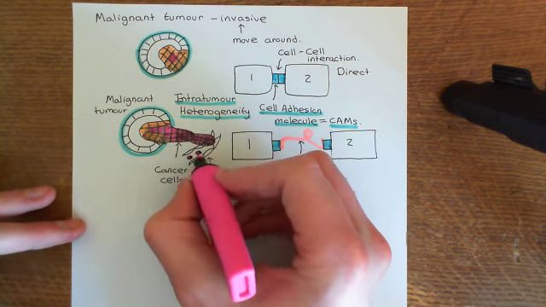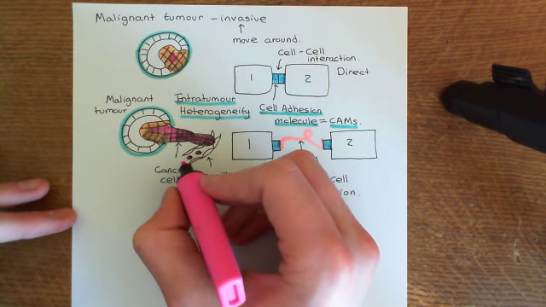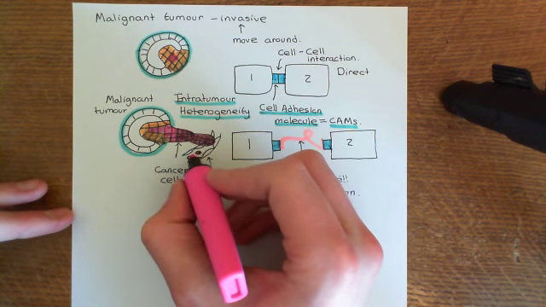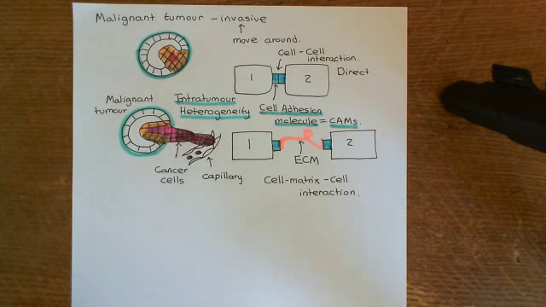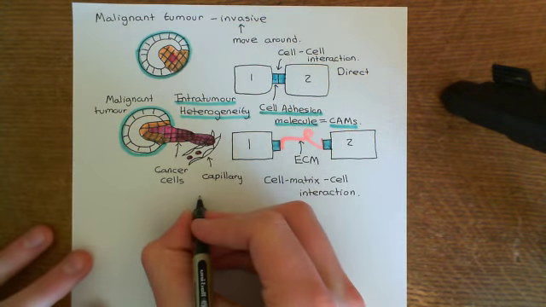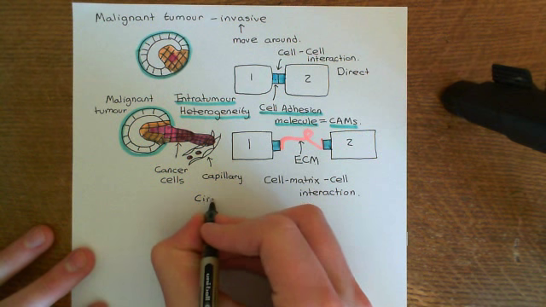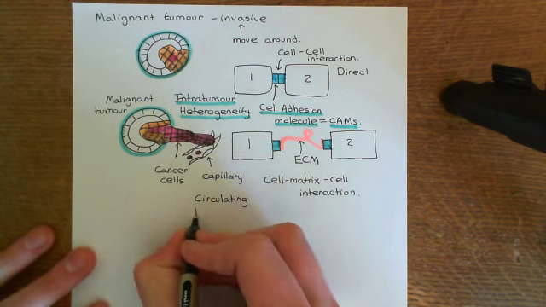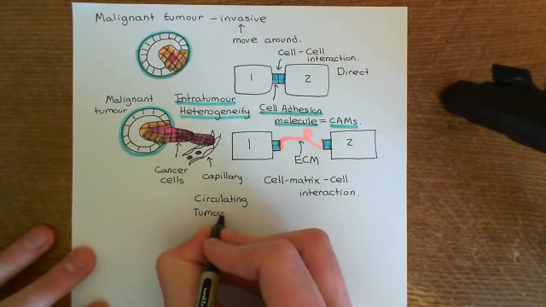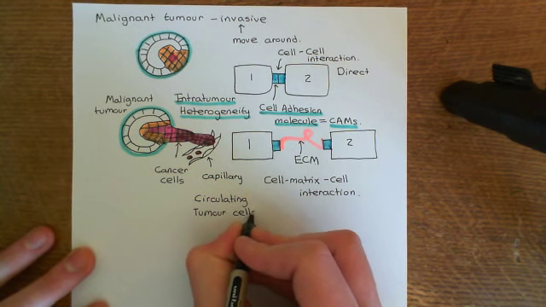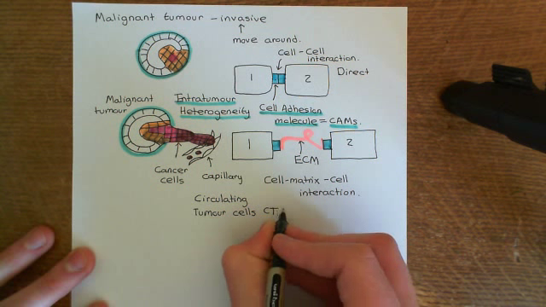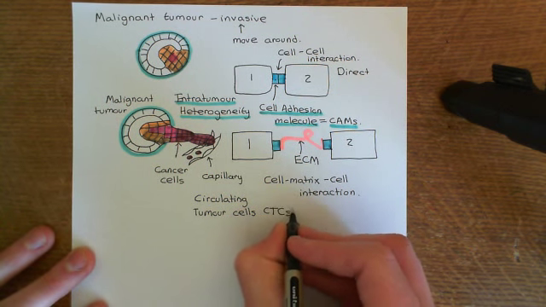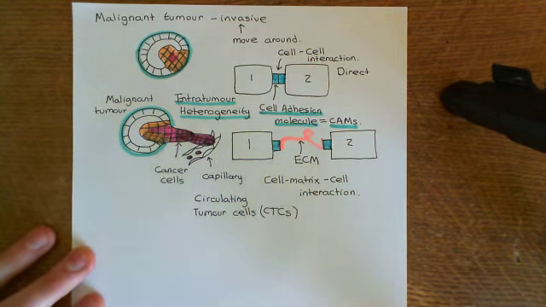Okay, so you don't get clumps of cells moving around in the blood. You get single cells being given off into the blood. Okay, so these cancer cells that are now in the blood are known as circulating tumour cells. Okay, and for short, circulating tumour cells are often abbreviated to CTCs. So C for circulating, T for tumour, and C for cells. So circulating tumour cells.